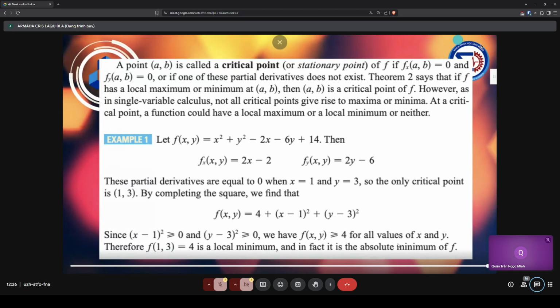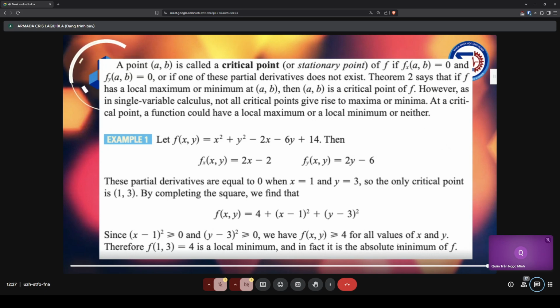Also, if one of these partial derivatives does not exist, then that point a, b is considered a critical point. Theorem 2 says that if f has a local maximum or minimum at a, b, then a, b is a critical point of f.